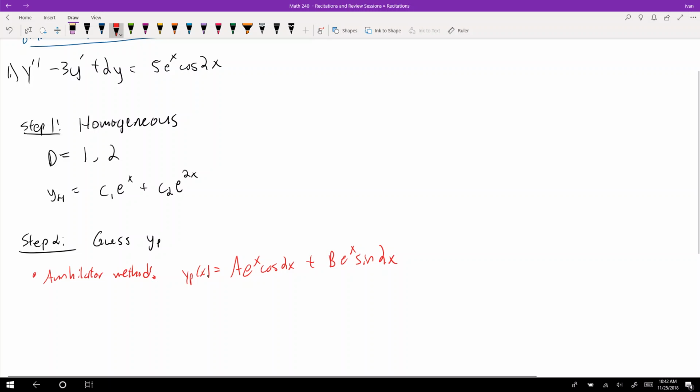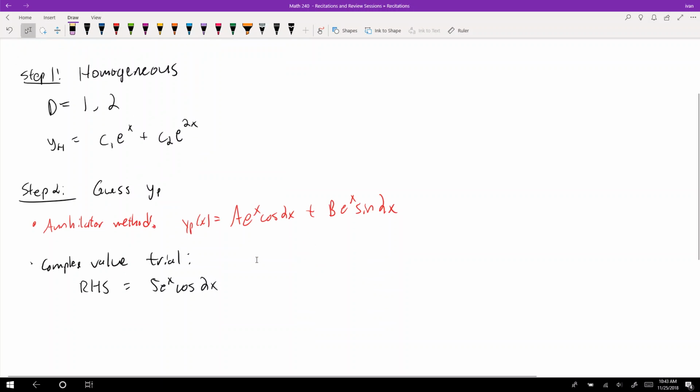So complex value trial does the following. We look at the right-hand side, which is equal to 5e to the x cosine 2x, and we want to know where this can come from.